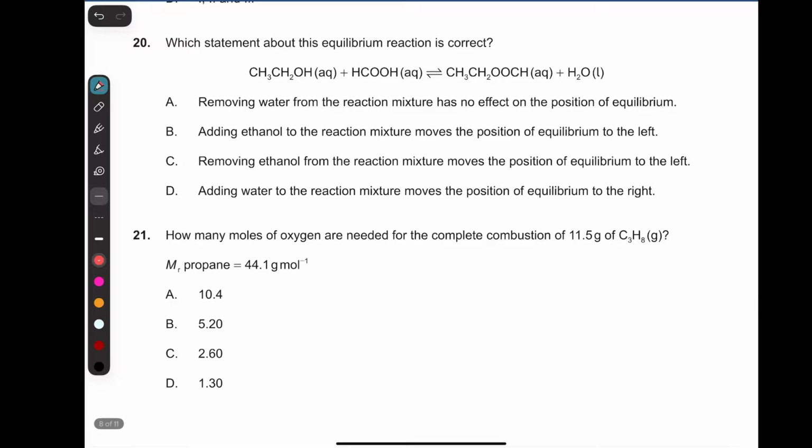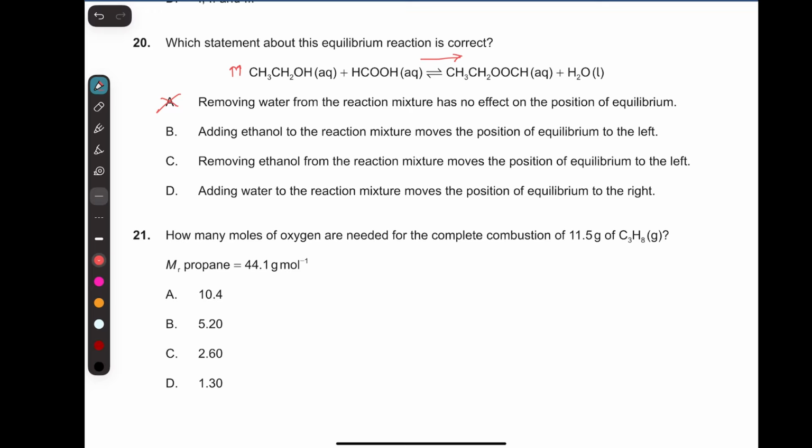Which statement about this equilibrium reaction is correct? Removing water from the reaction mixture has no effect on the position. No, if you remove water, equilibrium will shift to the right to produce more water. Adding ethanol to the reaction mixture moves the position to the left. Also wrong, because if you add ethanol, the reaction will move in the forward direction to reduce the amount of ethanol.